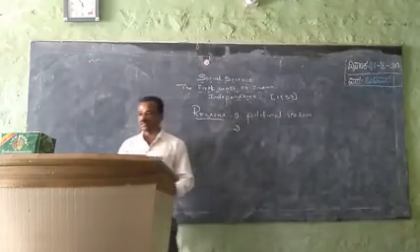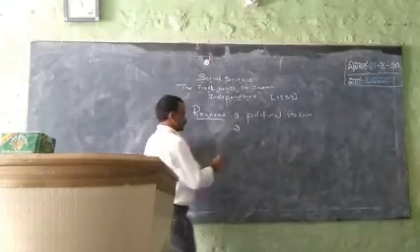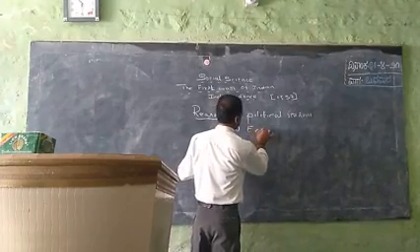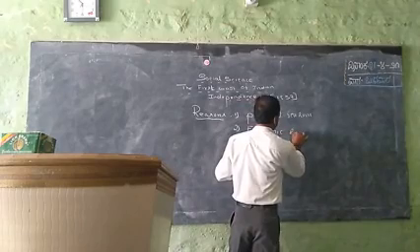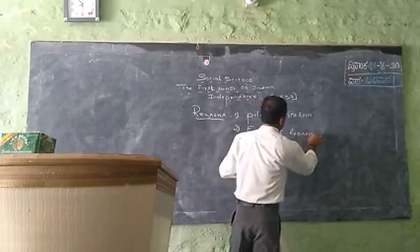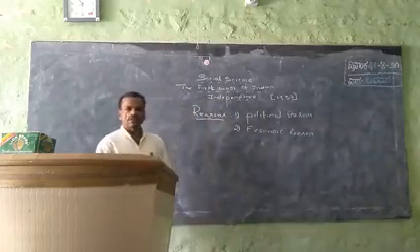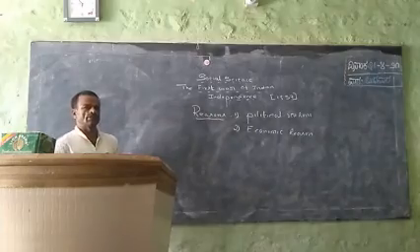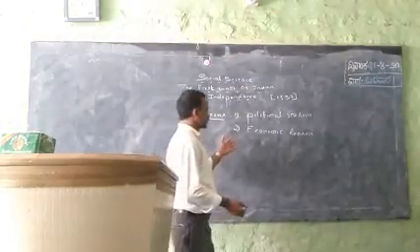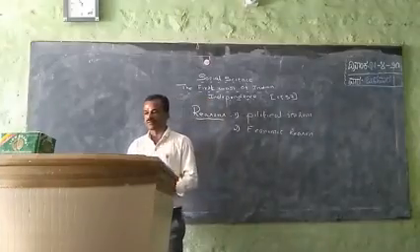Second one is economic reason. Secondly, what was the reason for the 1857 uprising or revolution? Economic causes.